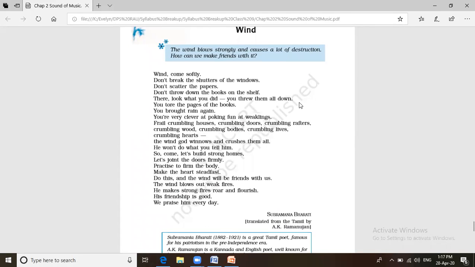Yes, ma'am. Ma'am, these lines mean that the wind has eliminated all the weak houses, doors, rafters, woods, bodies, lives, and hearts. What is significant in these lines? What is something noticeable?